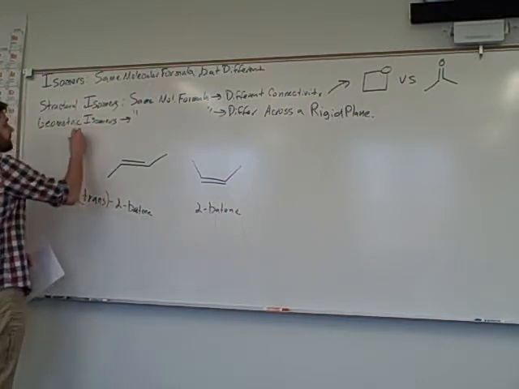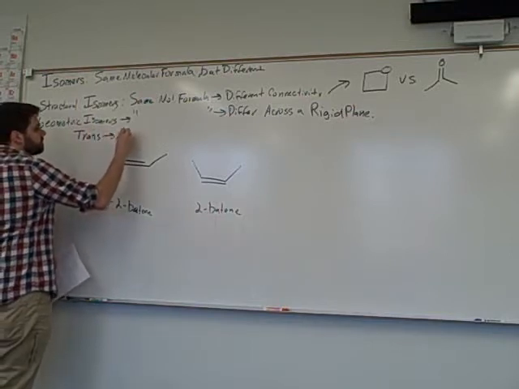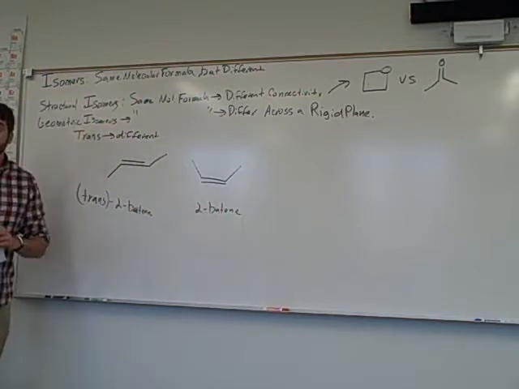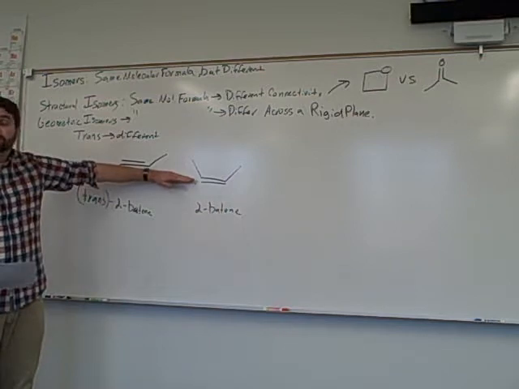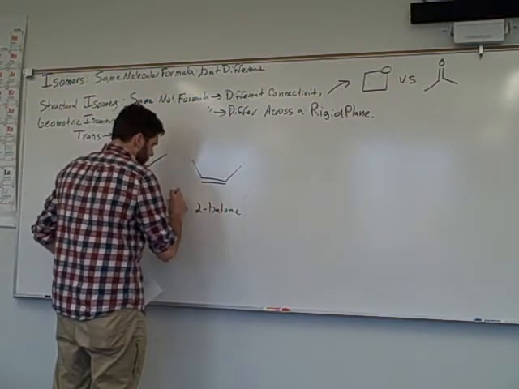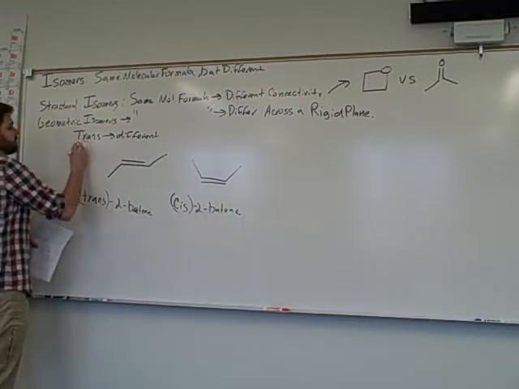And trans in this case simply means different. On the other hand, if two groups are stuck on the same side of the double bond, or a rigid plane here, we're going to call this a cis isomer. And cis in this case simply means the same.